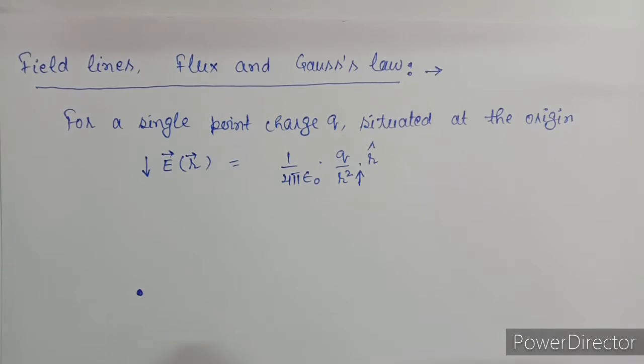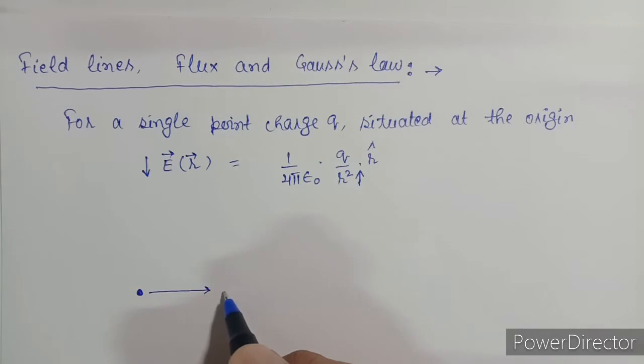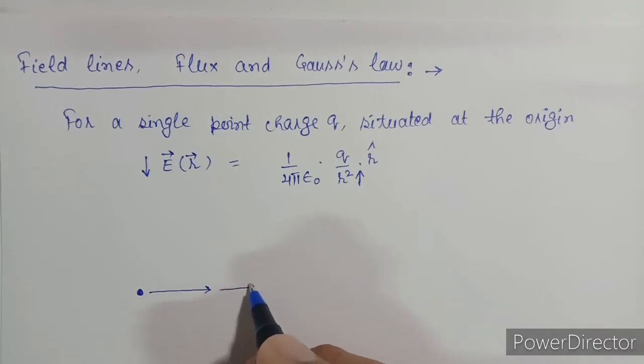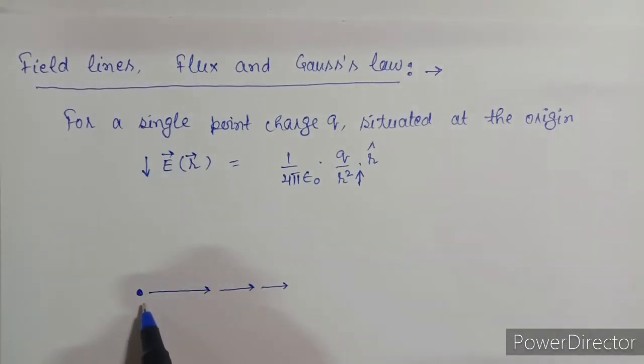For example, suppose we have this point here. This is a point where the charge is situated, and suppose we represent the electric field with the help of an arrow. Then it is observed from this that as we move away from the origin, the electric field goes on decreasing.